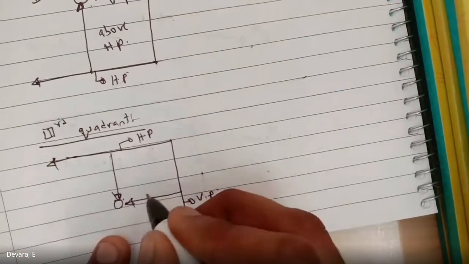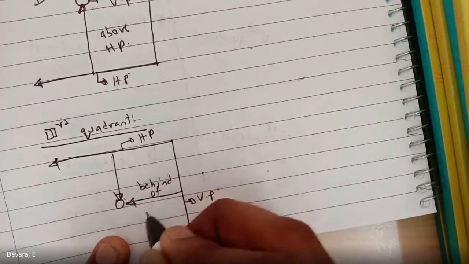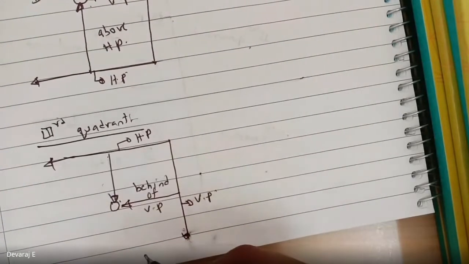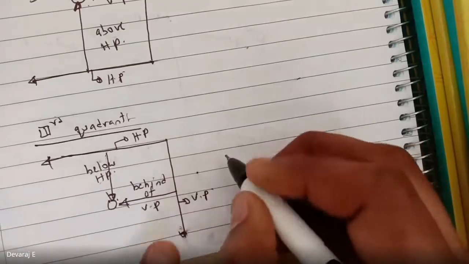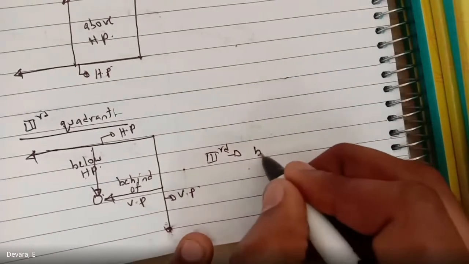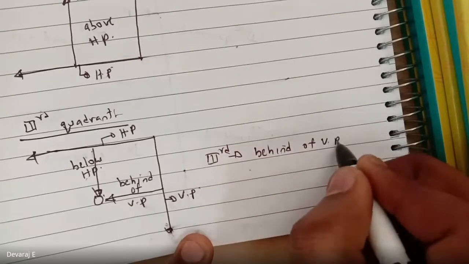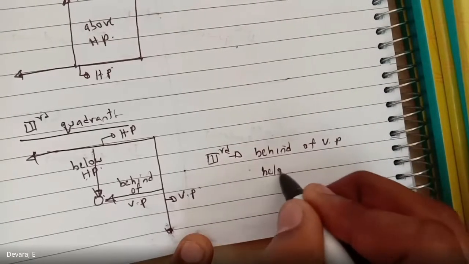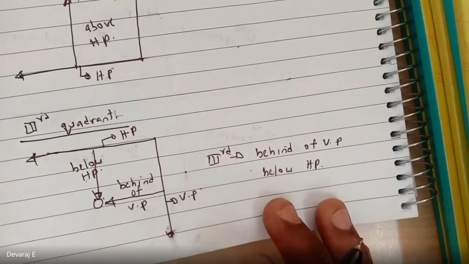So this is behind of VP and below HP. So here you can mention the third quadrant represents behind of VP and below HP, right?